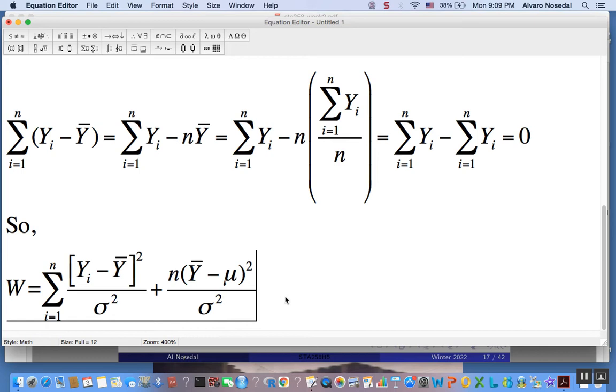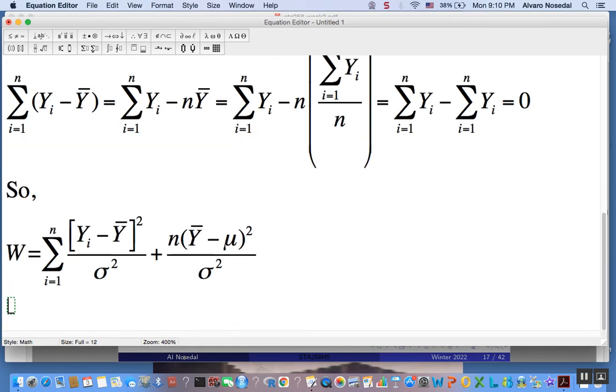Make sense? Are we good? Okay. Now, let me rearrange these guys: yi minus y bar squared divided by sigma squared, that would be the same as this.